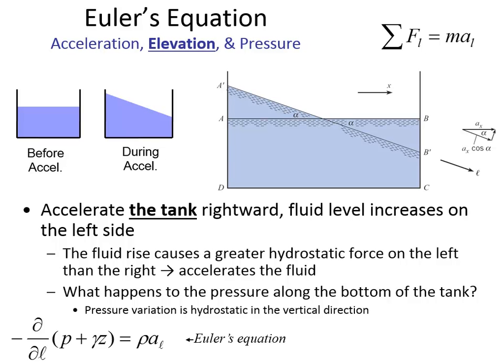There's just gravitational conditions vertically. So the hydrostatic equation still applies in the vertical plane. And so here at the bottom of the tank, there's less water above it than over here. And so along the bottom of the tank, the pressure is going to be increasing in the opposite direction of the acceleration, simply because the water level increased in the opposite direction of acceleration.